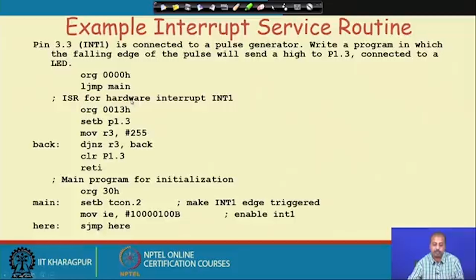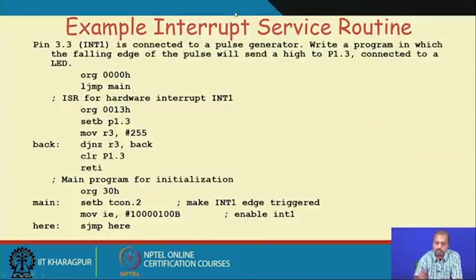This is an example where we have pin 3.3, that is INT1, connected to a pulse generator, and we will write a program in which the falling edge of the pulse will send a high bit to P1.3 connected to an LED. So, what is the situation?